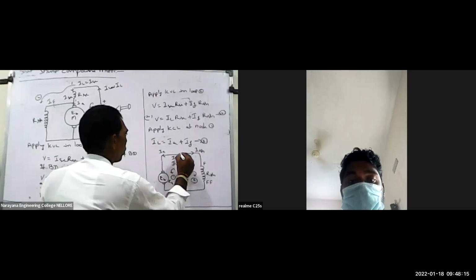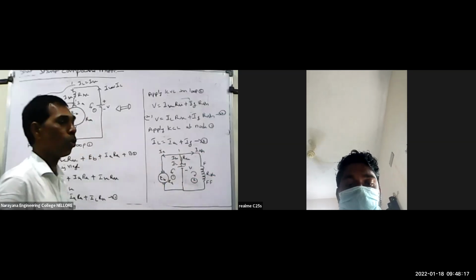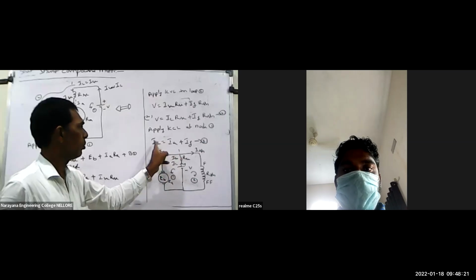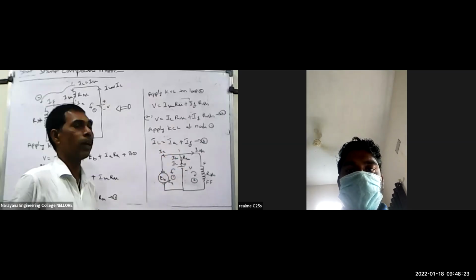So V is equal to IL RSC plus IF into RSH. That is equation 2. Then apply KCL at node 1. The sum of currents entering the node is equal to the sum of currents leaving that node. So IL is equal to IA plus IF.